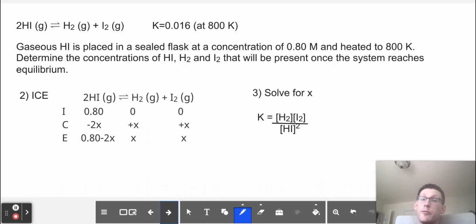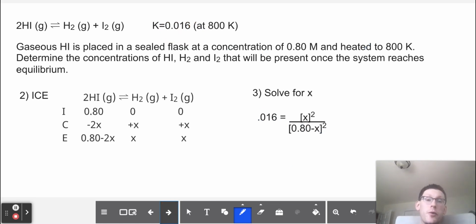So step 3 is we have to solve for x. Now we know that at equilibrium, the equilibrium constant is equal to some amount x, that is the hydrogen concentration, some amount x, that's the iodine concentration, and that will be divided by the HI concentration, which is 0.80 minus 2x quantity squared. And that is equal to this 0.016, the K at this temperature that the reaction's at.